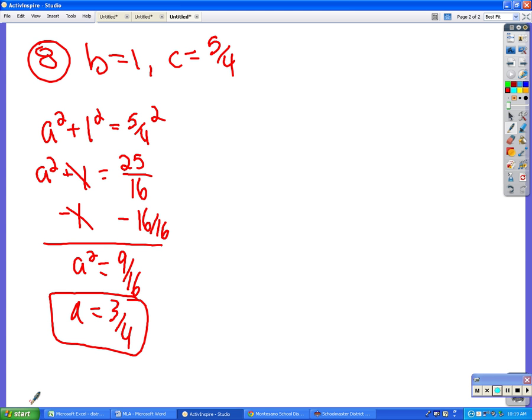23 through 28. Okay, so instead of them giving you two numbers and you have to find the third one, now they're going to give you three numbers and you have to tell whether these would work as the sides of the right triangle or not. So which one of these would be your a? The 13, because it's the smallest one.